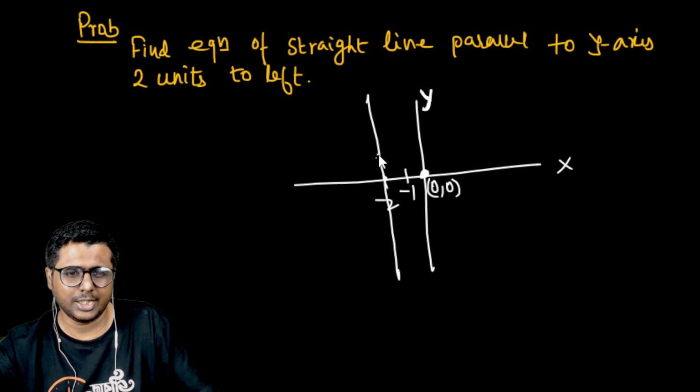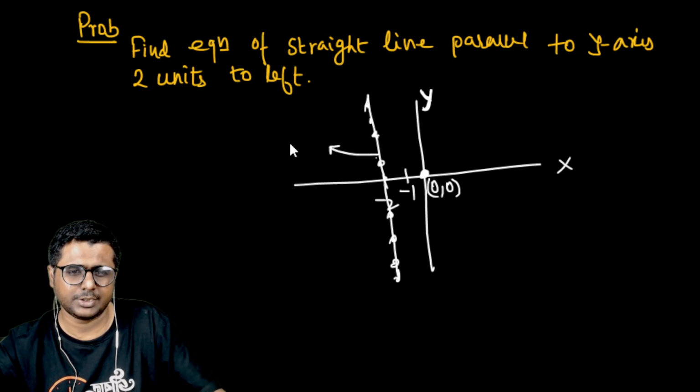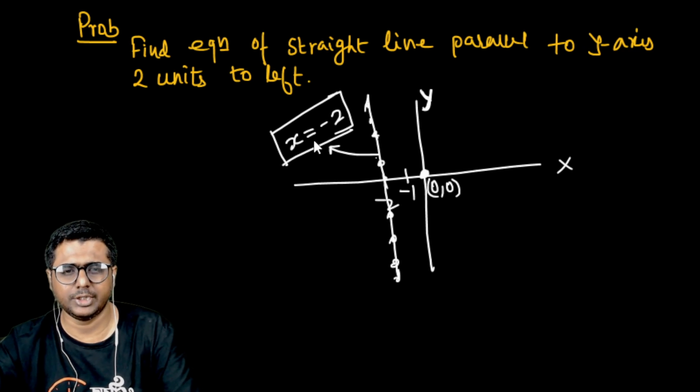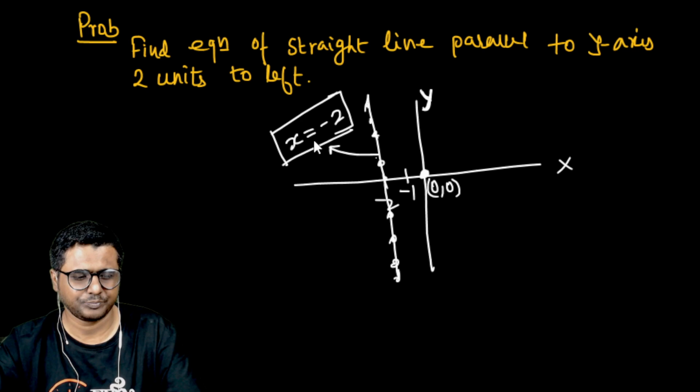In this line, the value of x does not change, the value of y is changing. If you go from top to bottom, the value of y is changing, value of x is not changing. ठीक है ना? Value of x is not changing, so the answer will be x is equal to minus 2.